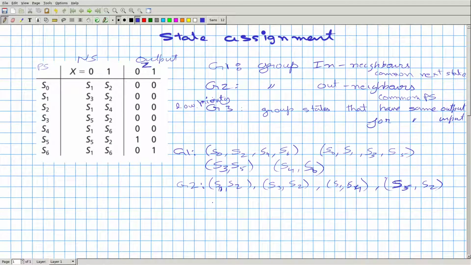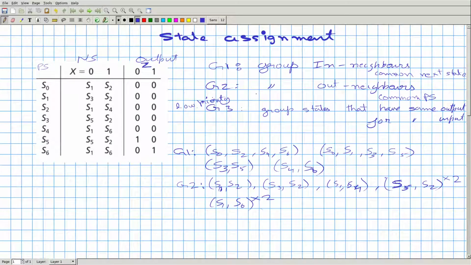And S1, S6 must be grouped, and S5, S2 must be grouped. So we say this is twice. S1, S6 must be grouped.